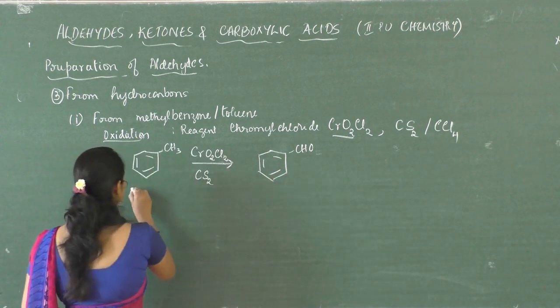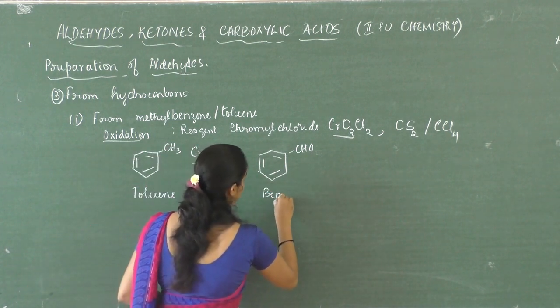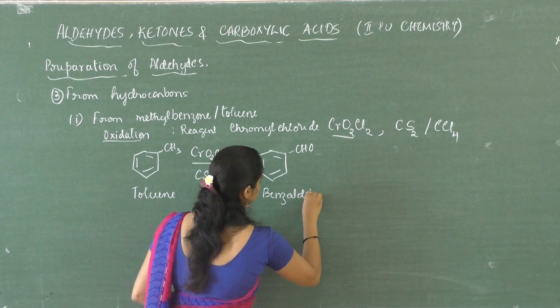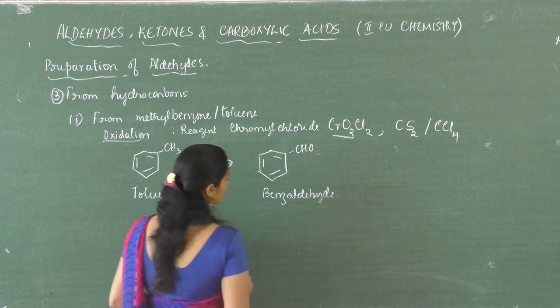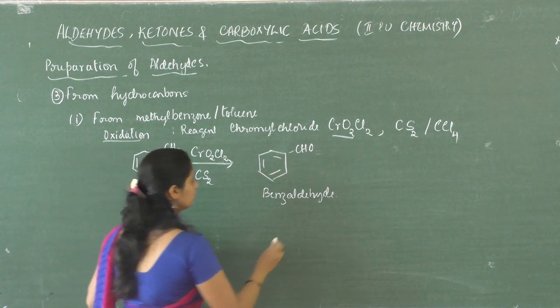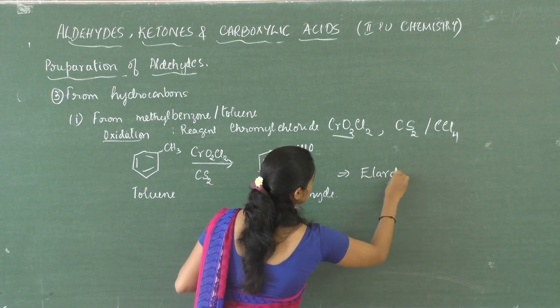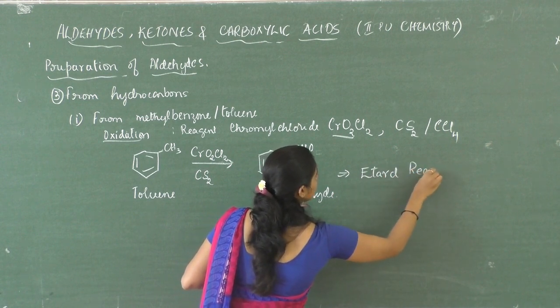So this is toluene, and the name of this is benzaldehyde. This reaction is a named reaction, and the name of this reaction is Etard reaction. Important one.